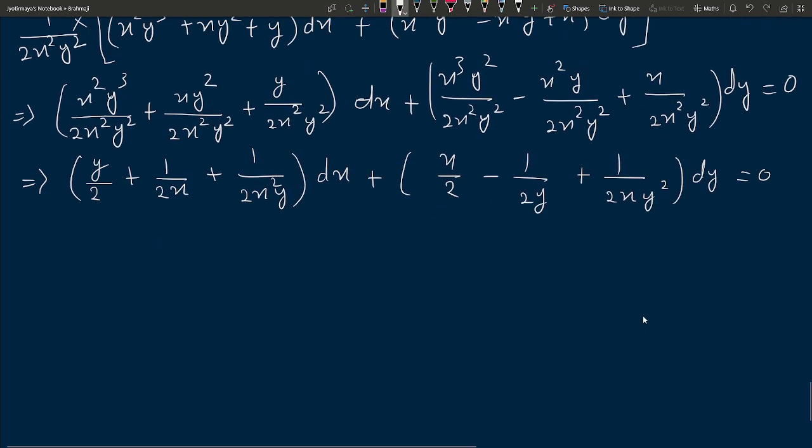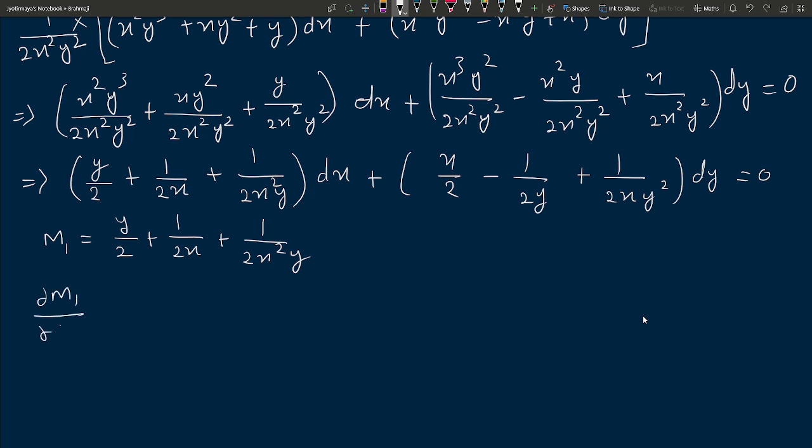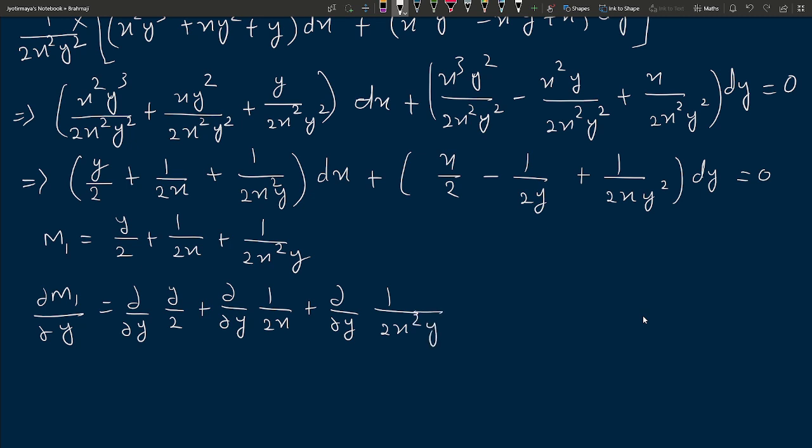Okay, so now you have the new M, write it M1 equal to y by 2 plus 1 by 2x plus 1 by 2x square y. Now del M1 by del y equals del by del y of y by 2 plus del by del y of 1 by 2x plus del by del y of 1 by 2x square y.